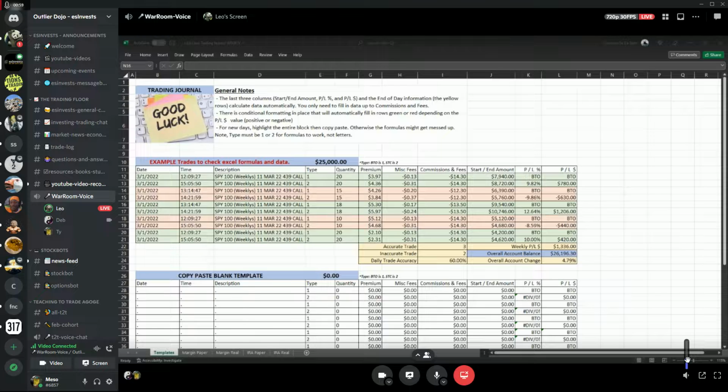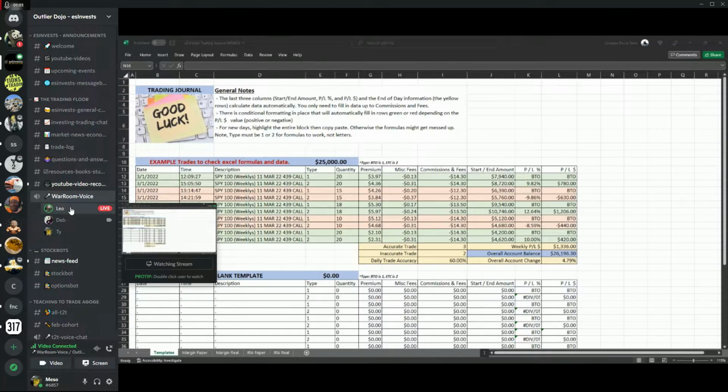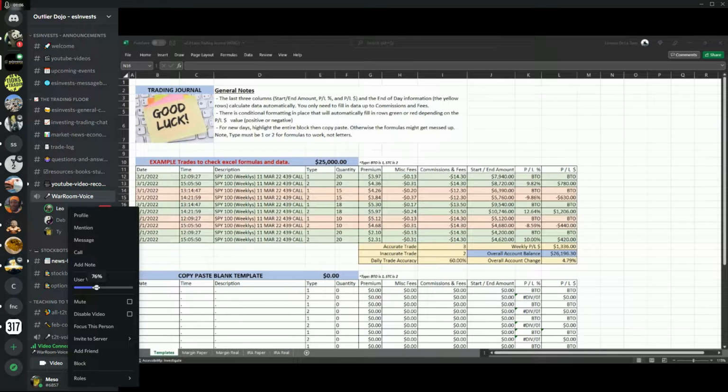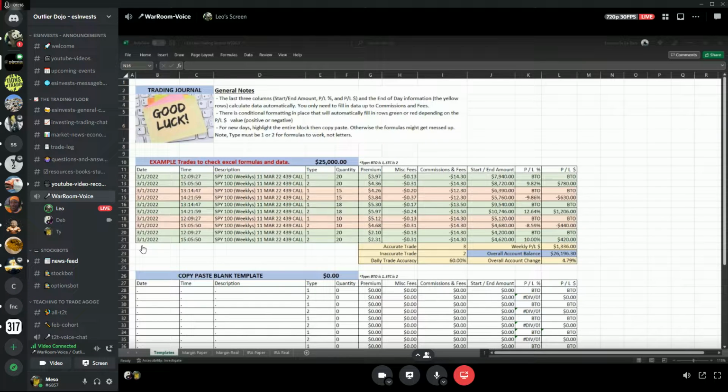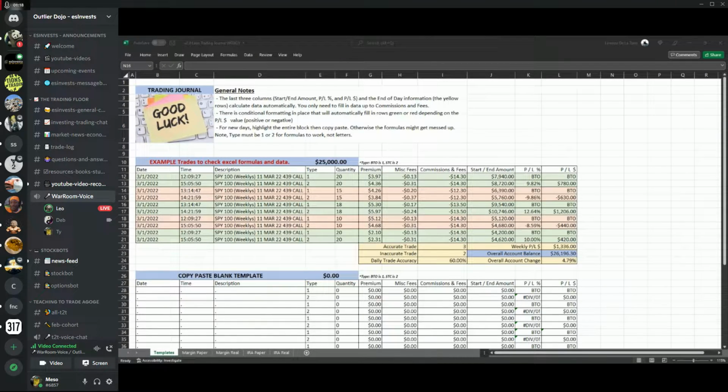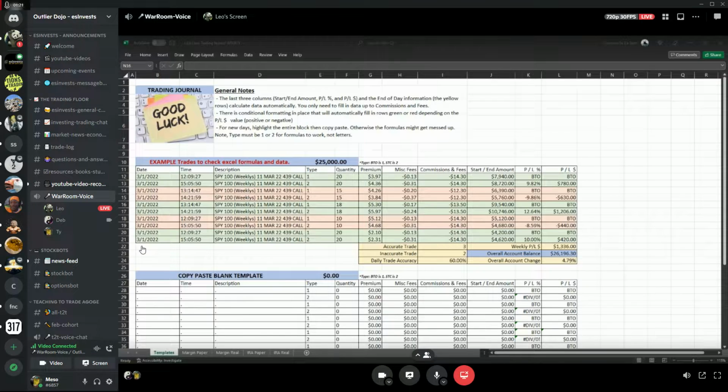Usually when you do that, it pops the player out for the stream into a separate window, separate from your Discord application. Can you see it now? It'll probably be behind your Discord app. You'll have opened it up in a separate window. It's just a feature that Discord allows you to do.